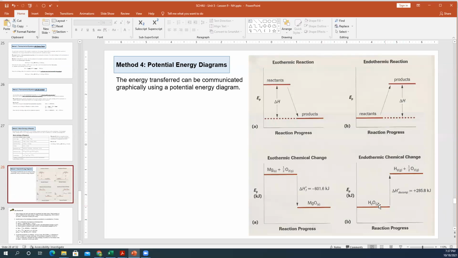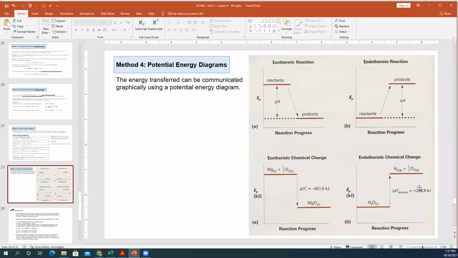And an endothermic reaction, such as water decomposing to hydrogen and oxygen, this would be the delta H naught of decomposition of water. The naught refers to standard temperature and pressure. And this is the delta H naught of decomposition of 1 mole of water into its components, hydrogen and oxygen.